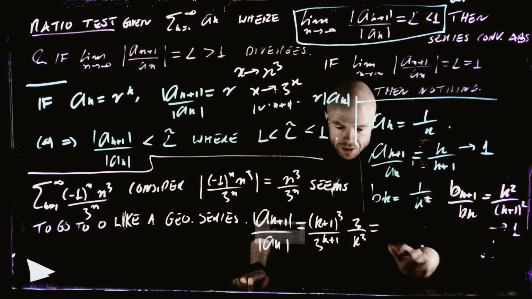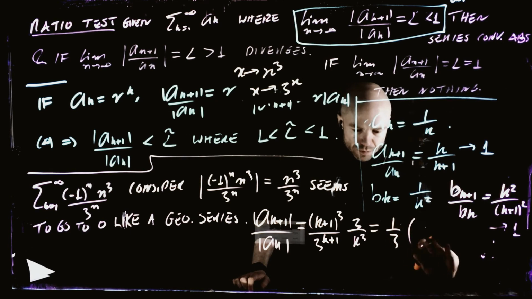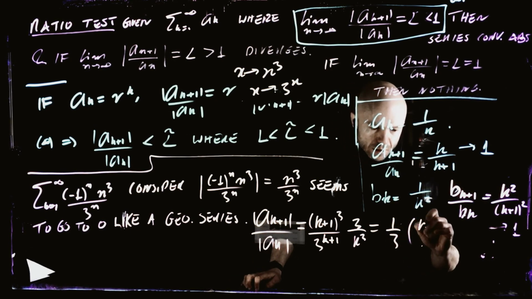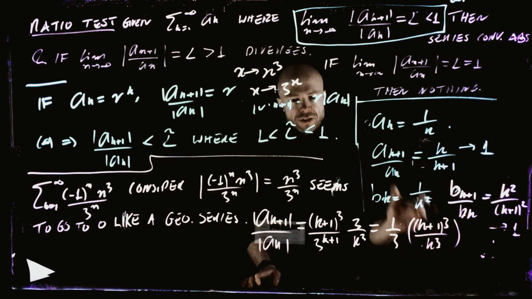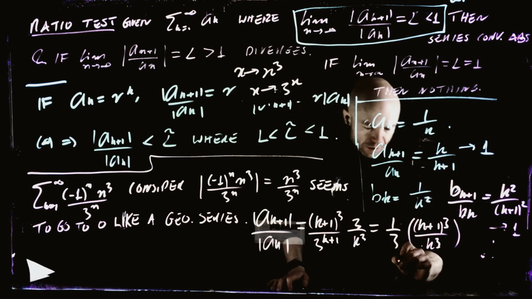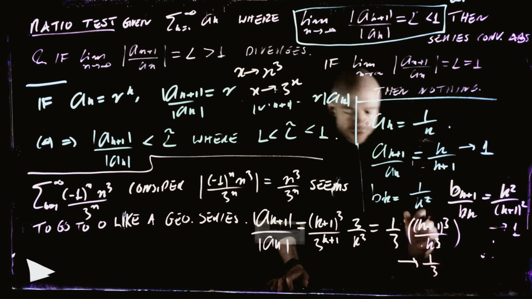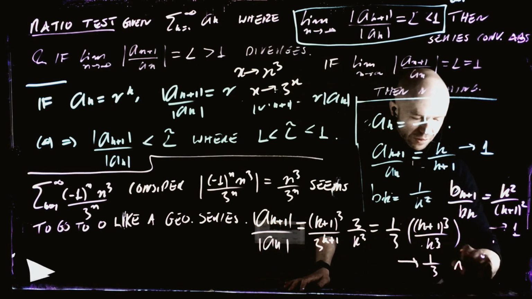And then we have the 3's cancelled, so we have 1 over 3, and then it's just going to be (k+1) to the 3 over k to the 3, right? And then this thing tends to 1, as you can see by expanding out. Should be easy. So overall, the expression tends to a third as k tends to infinity.